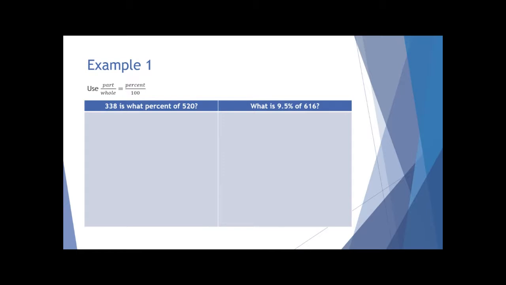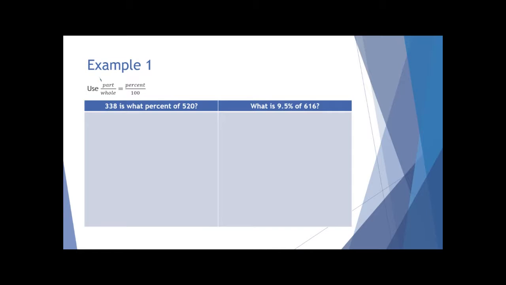So I've got two examples here. One is 338 is what percent of 520? And then the second one is what is 9.5% of 616? So when you're translating these, the percent part, that's simple. The question is, what is the part and what is the whole?